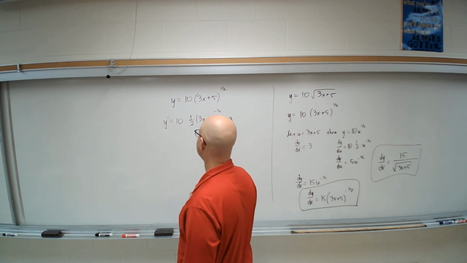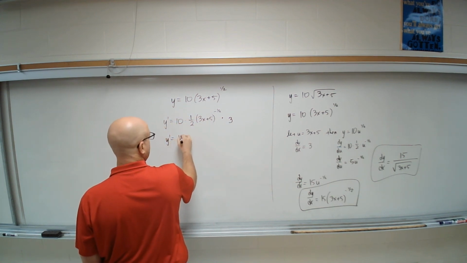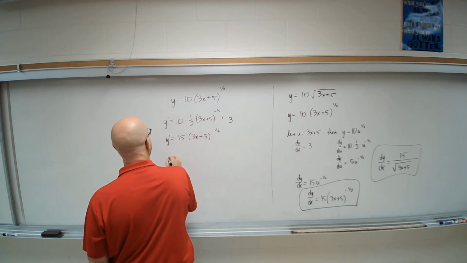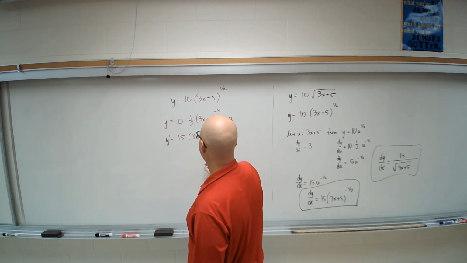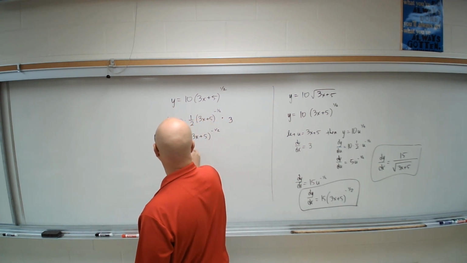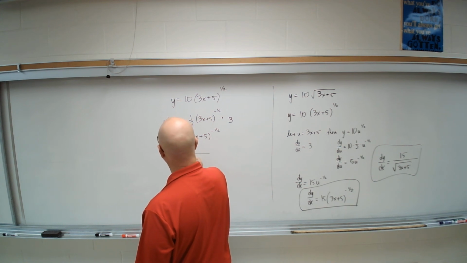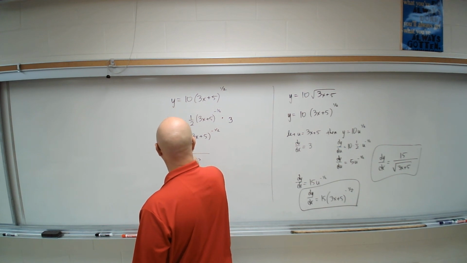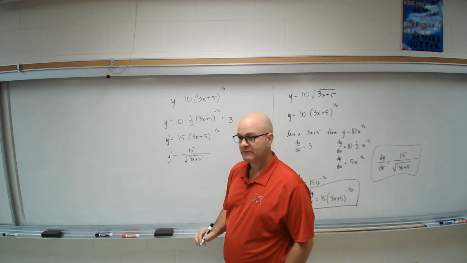So that gives us 15 times (3x plus 5) to the negative 1/2, which is what we saw before. Or again, you could say 15 over the square root of 3x plus 5. That's how that would look.